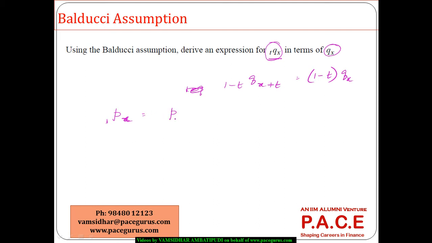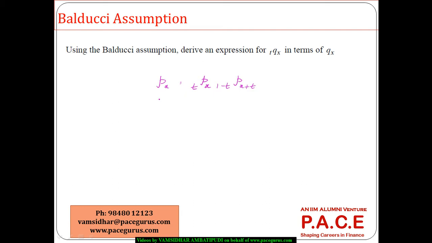I'll write it as px equals tpx, which is his age is already x plus t. Now that his age becomes x plus t, he is surviving for 1 minus t more period.